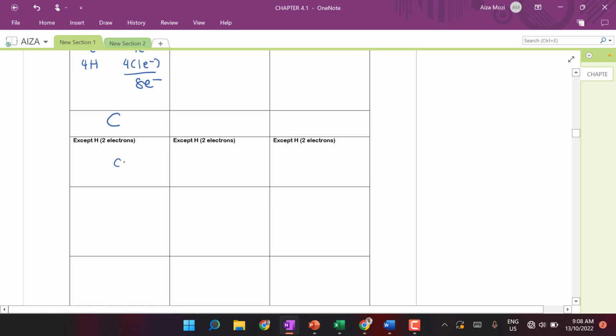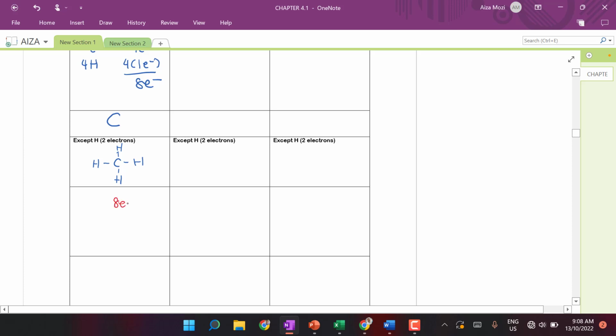So draw the skeletal structure. And then if hydrogen is the terminal atom, no need to octet. Hydrogen is duplet, so around hydrogen already has 2 electrons. So no need to add any electron. Next we'll deduct.